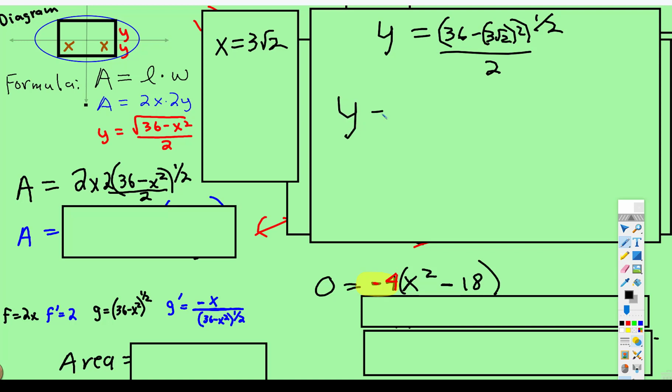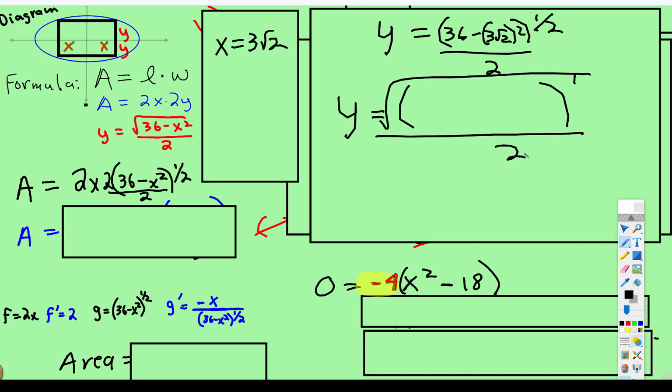So now we have to do the arduous task of, I'm going to make this a lot bigger. Well, 1/2 power, I'm going to turn this back to square root. So let's see, this is 36, subtract this stuff squared.